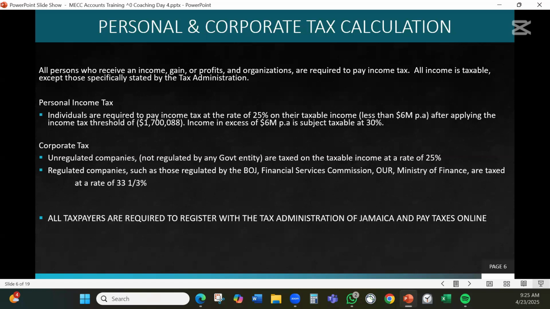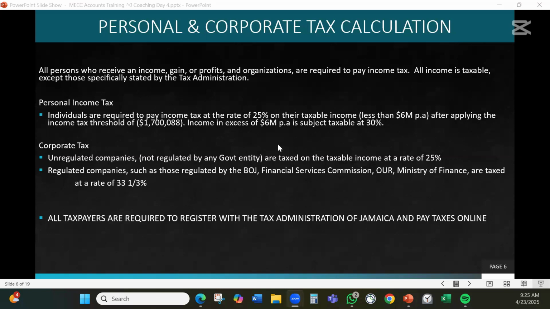But the government allows us a tax-free threshold. That threshold means that above that amount is what the tax is calculated on. So if you get below the tax threshold during the period that you are calculating the pay, you will not pay tax on your earnings.